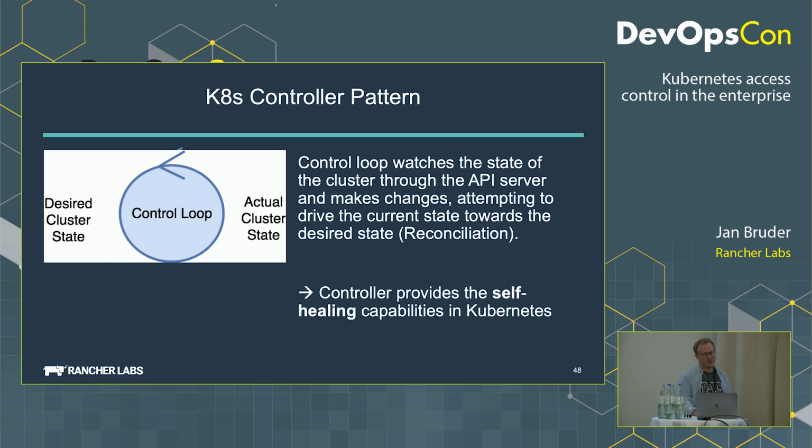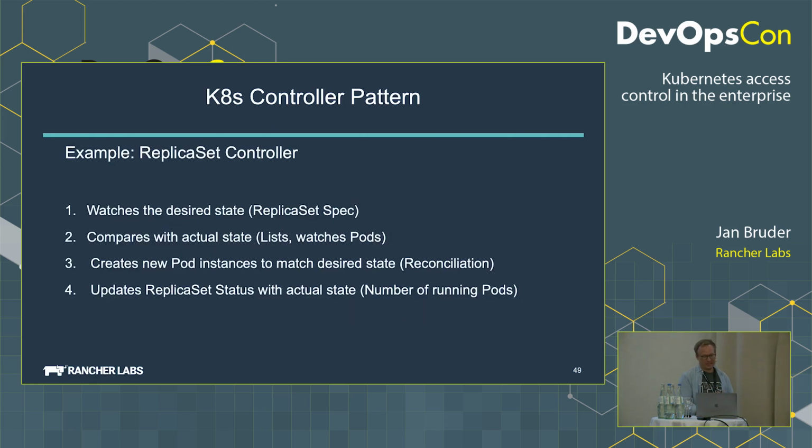All this is often done with a controller pattern. And the control loop in Kubernetes is basically a software loop that watches the state of the cluster by querying the API, compares it to the configured state, and when there's any difference between them, it tries to drive the actual state to the configured state, which is called reconciliation. An example would be the replica set controller.